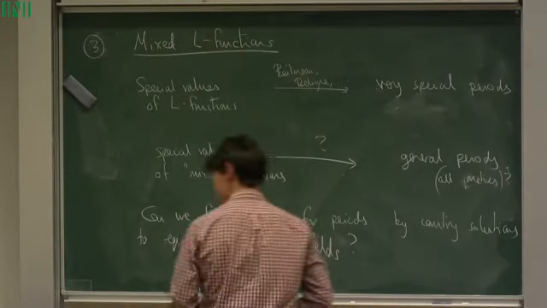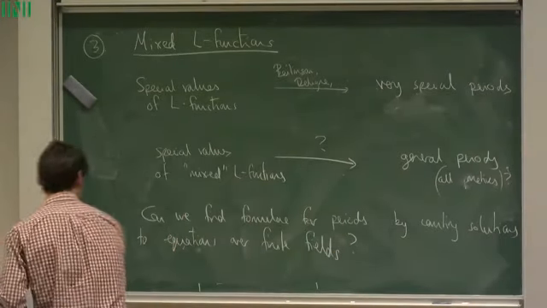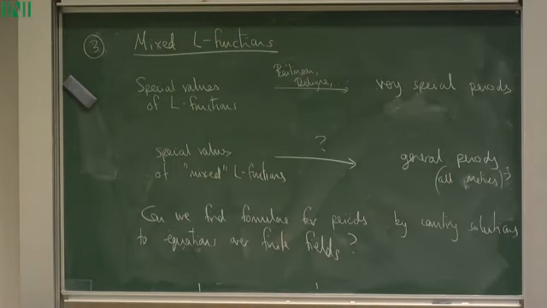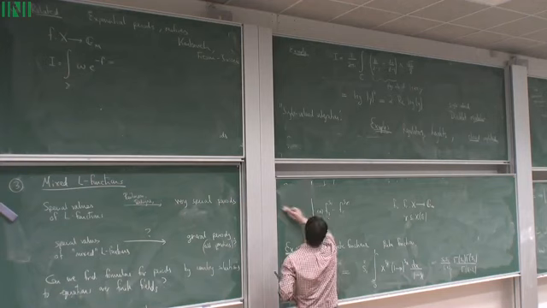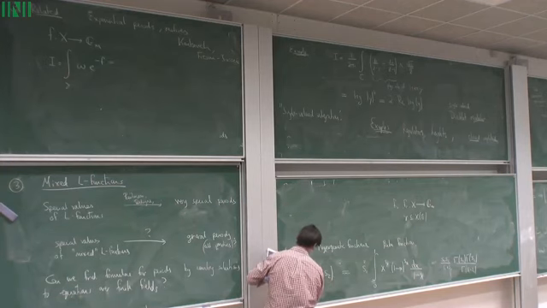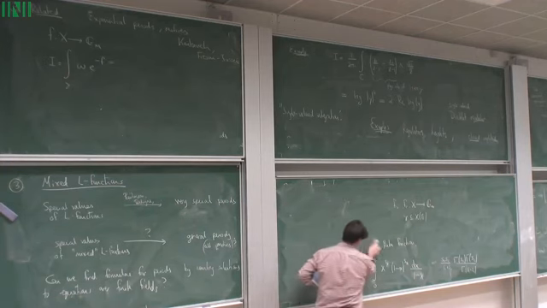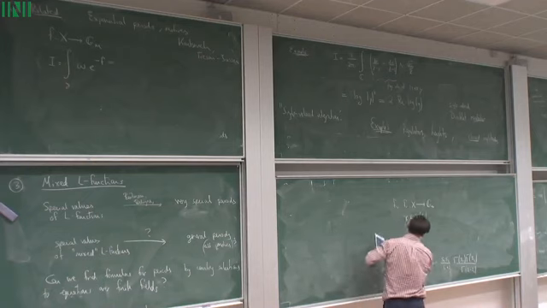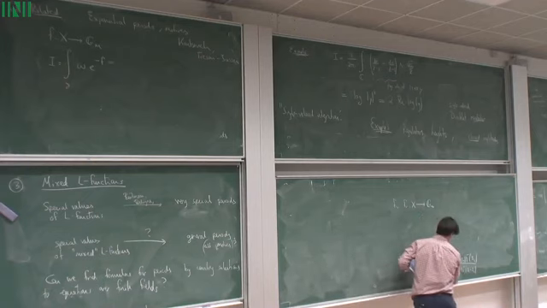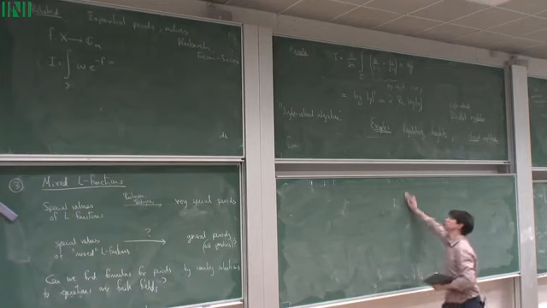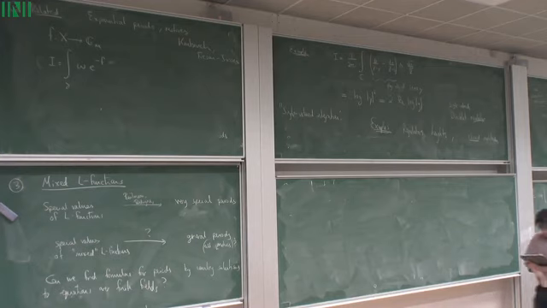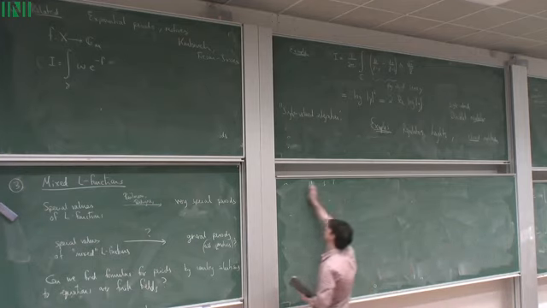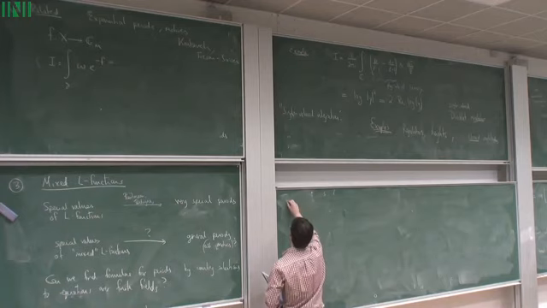Okay, so those are some things that I just wanted to put on the table. I very much doubt I will have time to even cover a fraction of them, but I'm sure that they will come up in the later conferences. Okay, so now back to classical periods. That's the end of the overview.